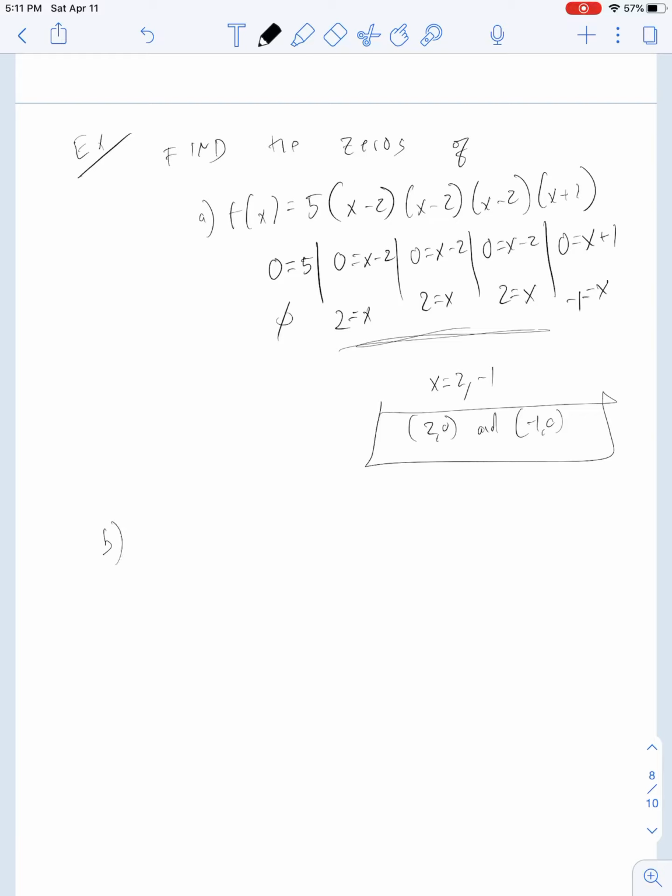What about our next example? We get x to the third minus 2x squared minus 9x plus 18. All right, so we set it equal to 0. So some nice review here. Polynomial with 4 terms, so we should do factor by grouping, right?